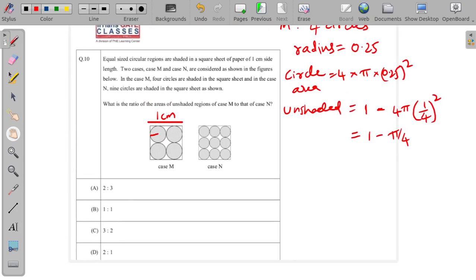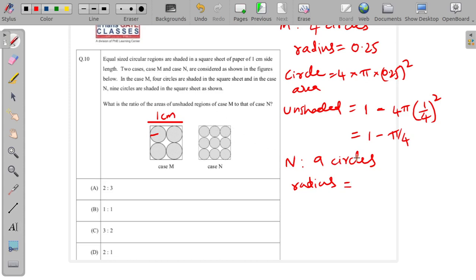Now case N, we'll just follow the same thing. 9 circles. Radius will be, there are 3 diameters which make up 1 centimeter.